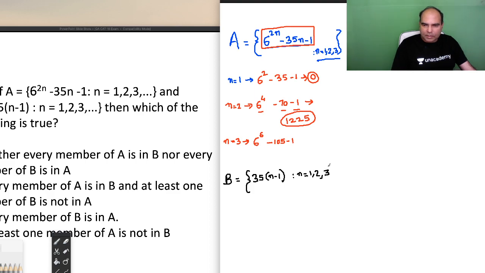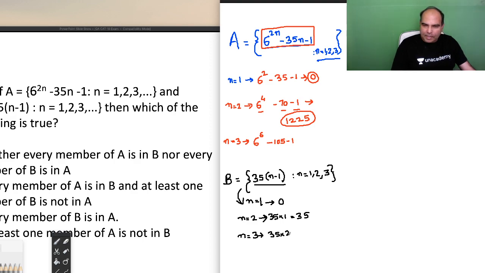This is a simple structure here. Starting from the first term with n equal to 1, you will get the value 0, and with n equal to 2, the value of this expression will become 35 into 1, which is 35, and then with n equal to 3, the value will become 35 into 2.